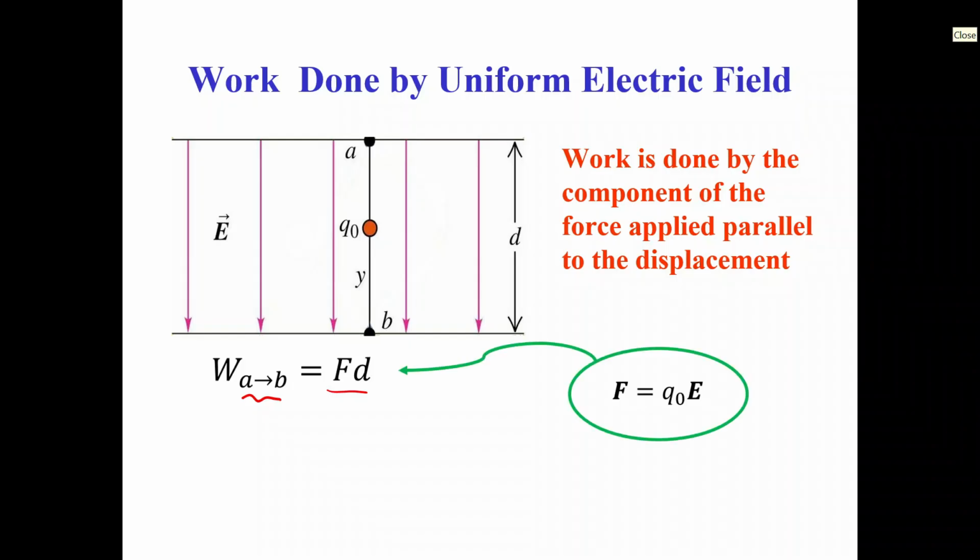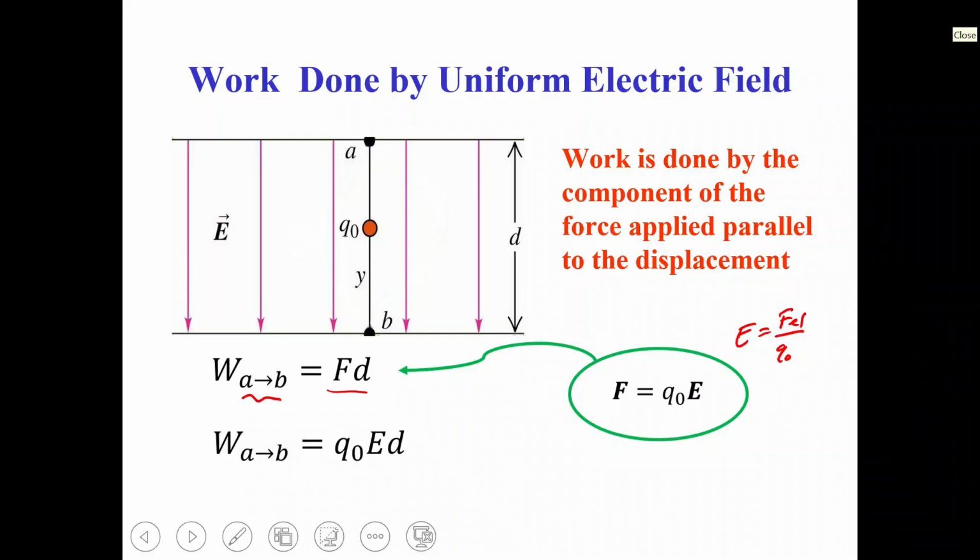So our force is equal to Q0 times E. This is coming from the fact that our electric field is our electric force divided by Q0. We just rearranged that, and we're going to substitute that in for the force. So we get the work from A to B is equal to Q0 E times d. E is our electric field, d is the separation distance between the plates, and Q0 is the charge of whatever particle we've placed into that field.